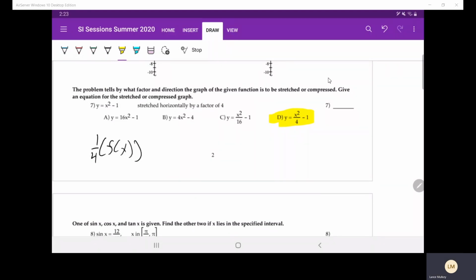When you're stretching something, the outside needs to be between 0 and 1. You got to multiply the whole thing, the whole x, by between 0 and 1. Wait, horizontally compressed would be a factor greater than 1.